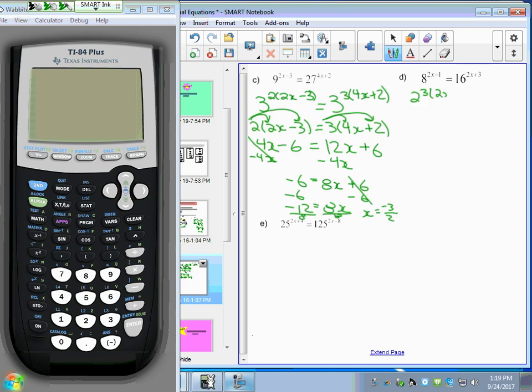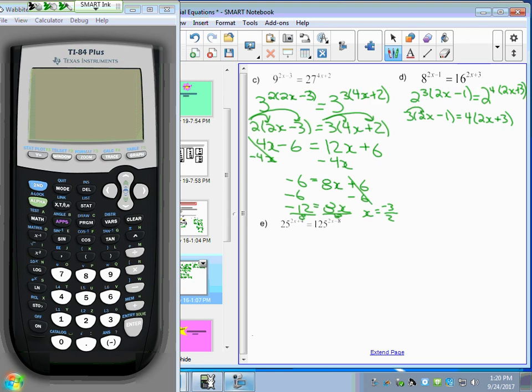And then remember the 2x minus 1 stays after that. We can rewrite 16, 2 to the power of 4. And then 2x plus 3. All right, now that we have the same bases, we can drop everything else. We have 3 times 2x minus 1 equals 4 times 2x plus 3.